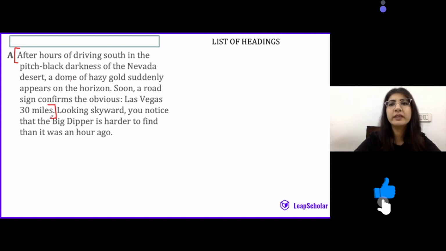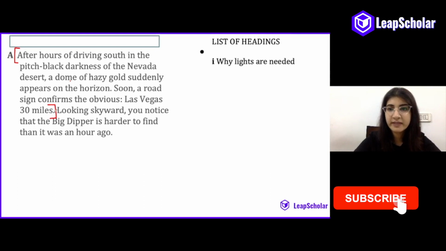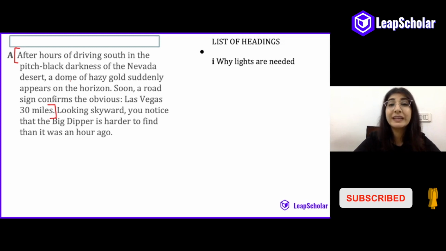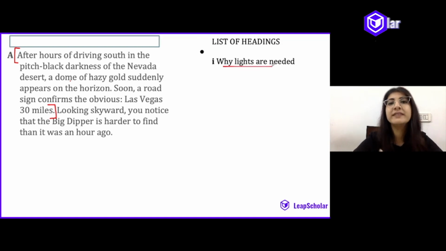Let's now check the list of headings and see if any of these fit on this first paragraph. So the first heading that I have is why lights are needed. So do these 2 sentences anywhere talk about the reasons for why light is needed? So this heading essentially means that your paragraph would talk about the reasons why light is needed.